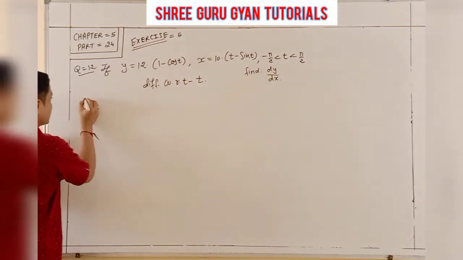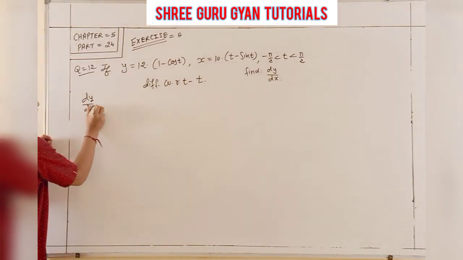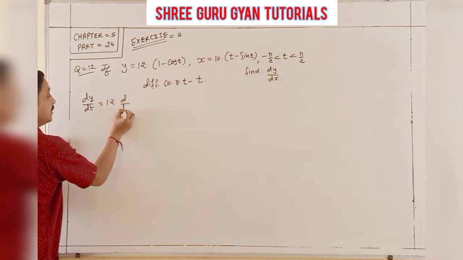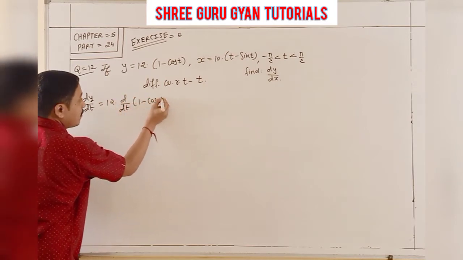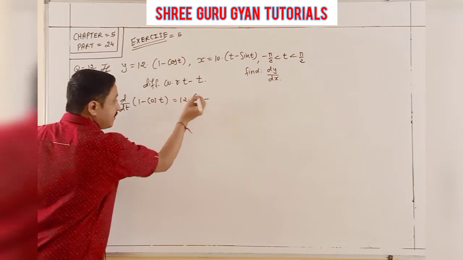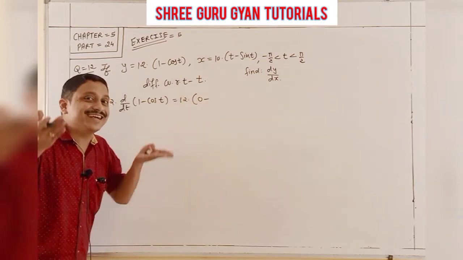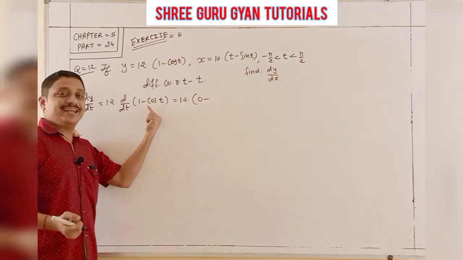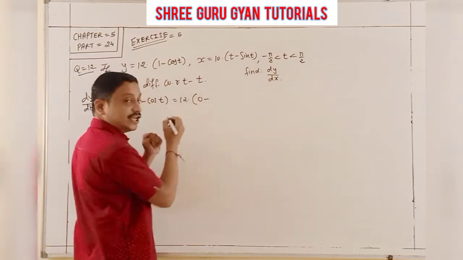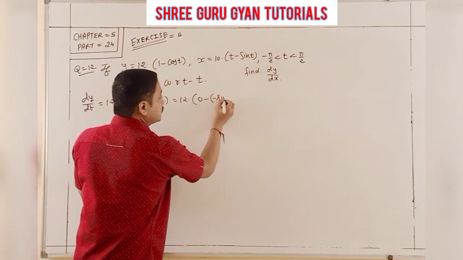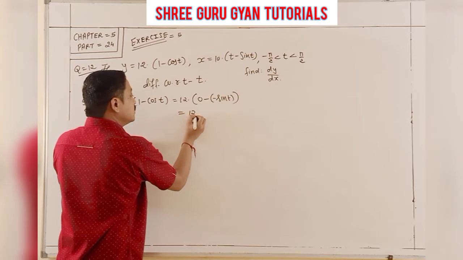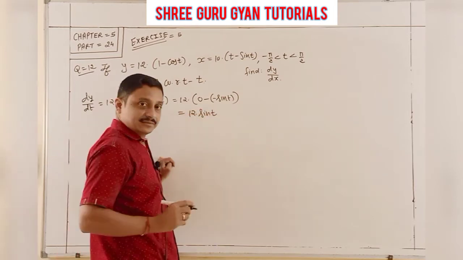Yes, first step: dy/dt, constant outside, d/dt of (1 - cos t). The derivative of 1 is constant 0, and the derivative of cos t is minus sin t. It means you have only 12 sin t.